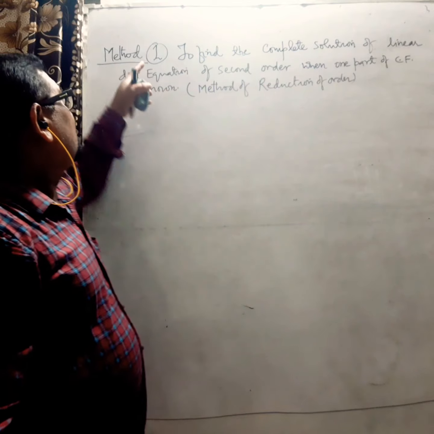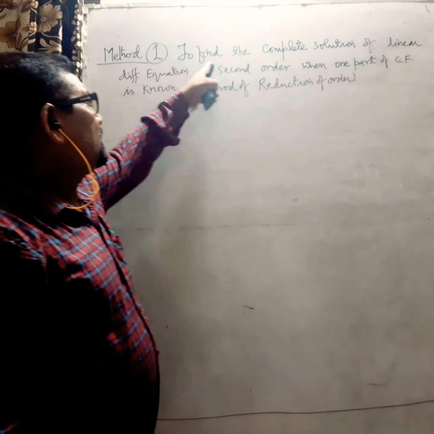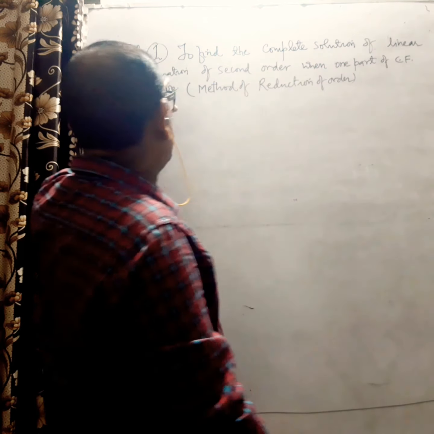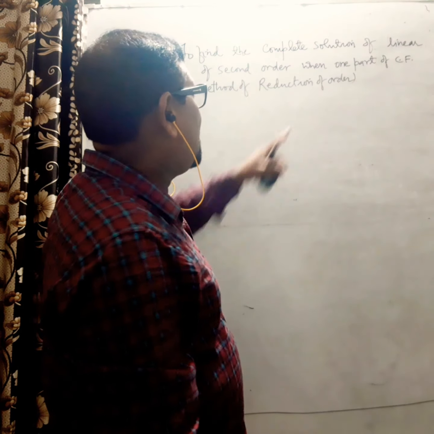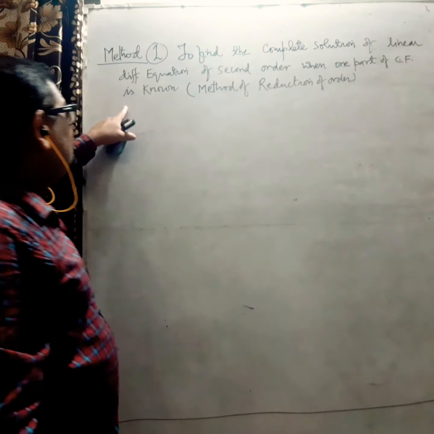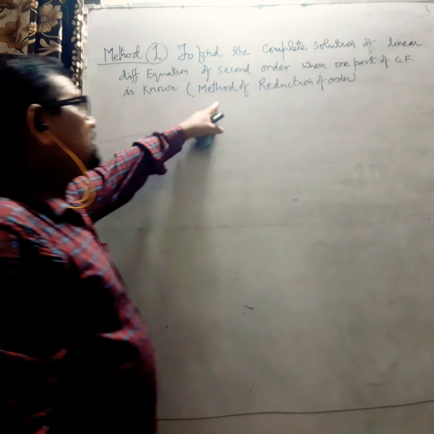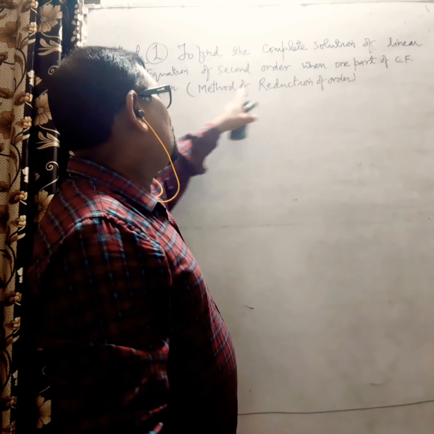Method 1 is to find the complete solution of a linear differential equation of second order when one part of the complementary function CF is known, and the method is known as the method of reduction of order.